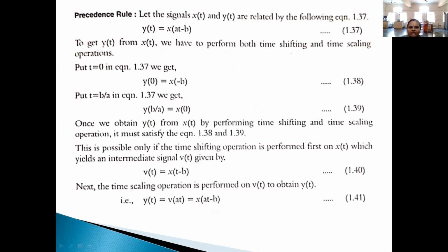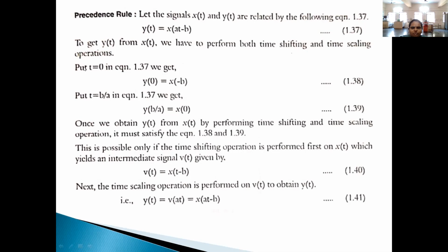Let the signals x of t and y of t be related. Here y of t is taken as x of at minus b. Observe here, at is the scaling operation and b is the shifting operation. When both scaling and shifting operations are there, what do we have to do?